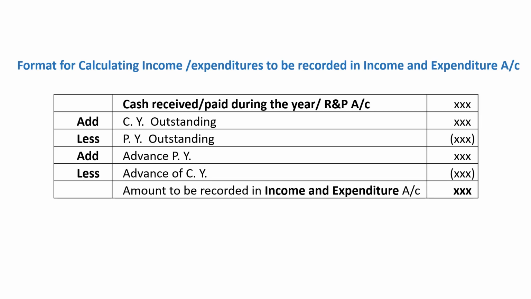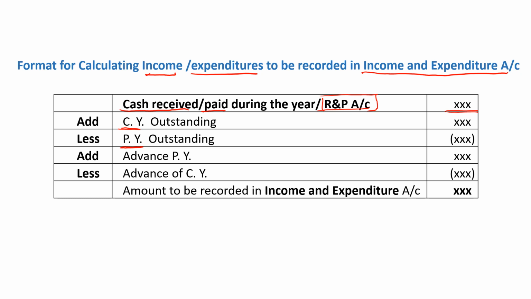This is the format for calculating income or the expenditures which should be recorded in income and expenditure account. We will take into consideration the cash received or cash paid, which will be given in the receipt and payment account. To this value, we need to add the current year outstanding. We need to deduct the previous year outstanding balances.